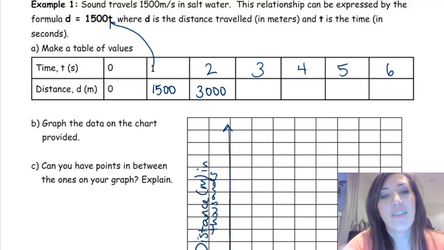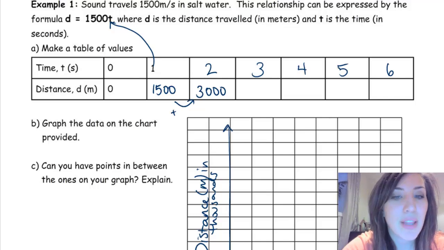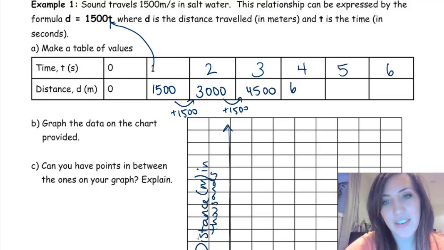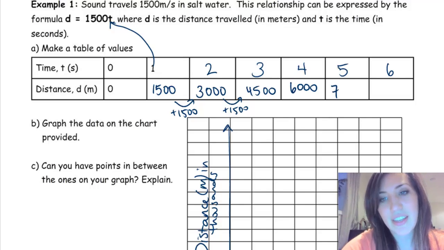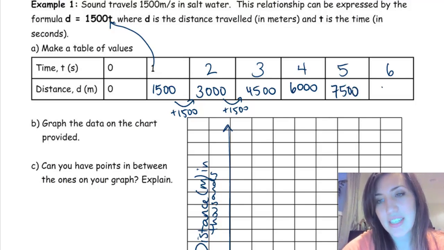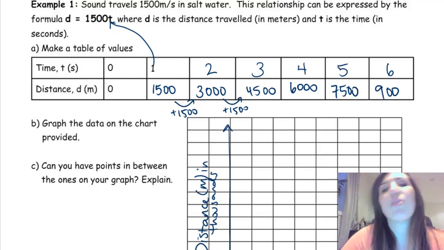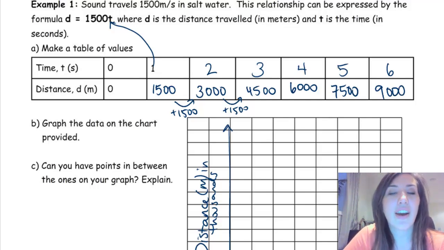If you add on 1,500 each time, then you're going to get 4,500, and then 6,000 and 7,500 and 9,000. So each time we're adding on another 1,500 distance. So each second it moves another 1,500 meters.